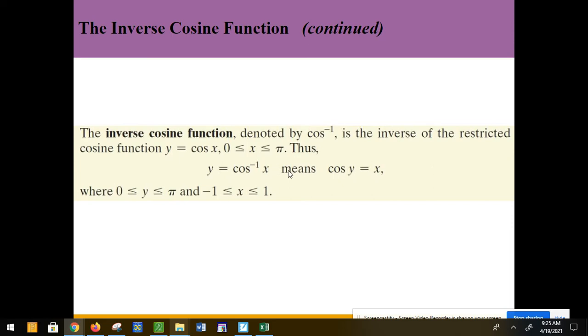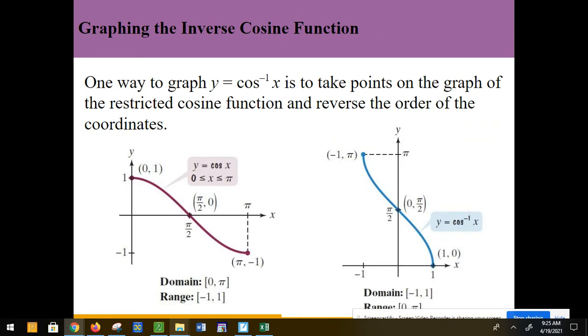So everything we talked about with the inverse sine function is going to work the same for a cosine function, except the domain that we're looking at is a little different. If you just look at the cosine function from 0 to pi, you can get these 3 ordered pairs. You flip the x, y values, all 3 of them are going to change.